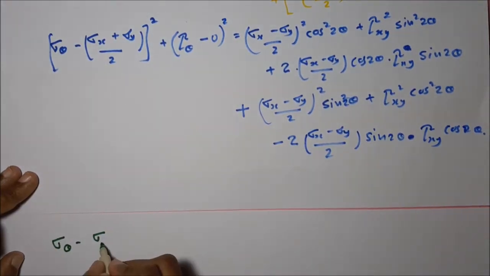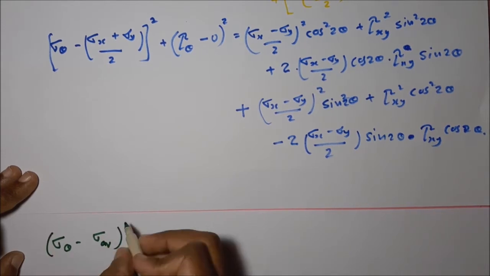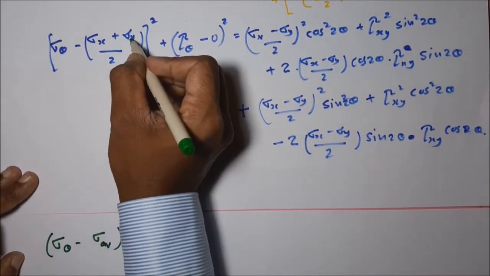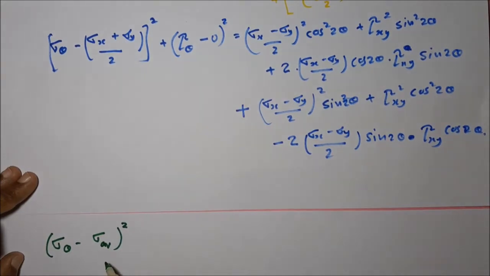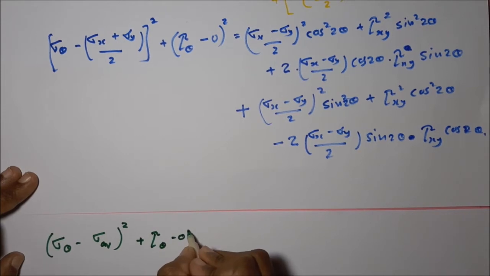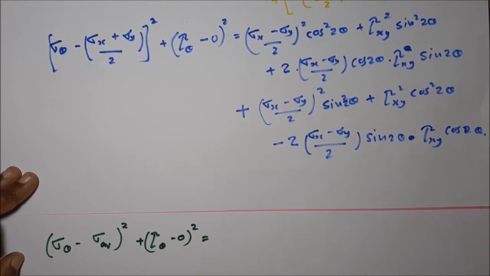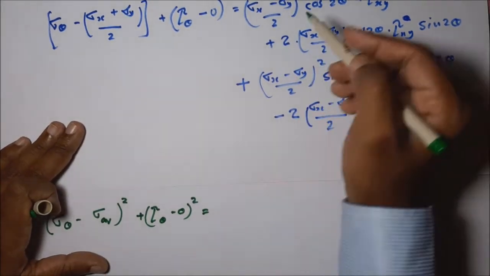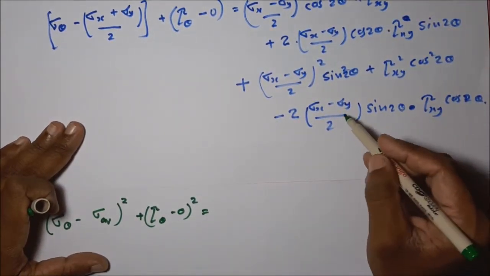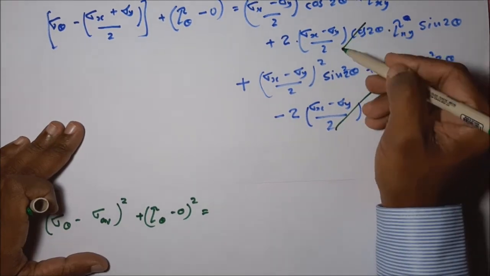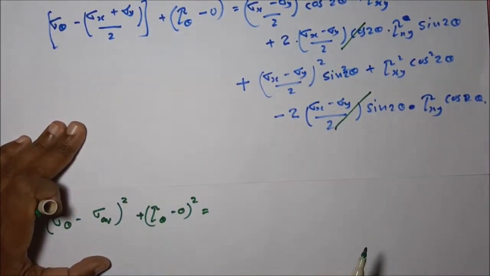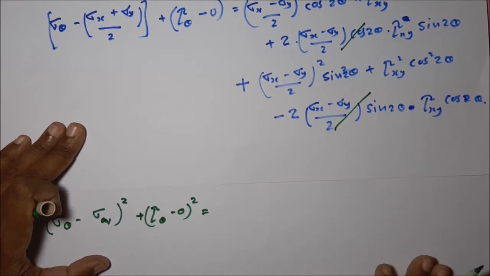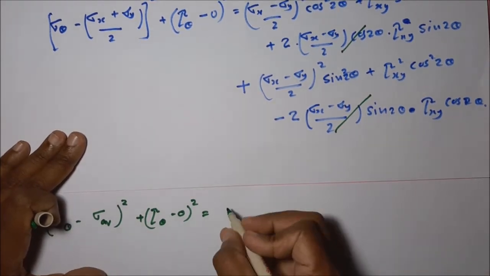That means I am going to write it as sigma average. Plus tau theta minus 0, squared, is equal to... Here you can see we can cancel this term, the minus and the plus sign, these two terms.